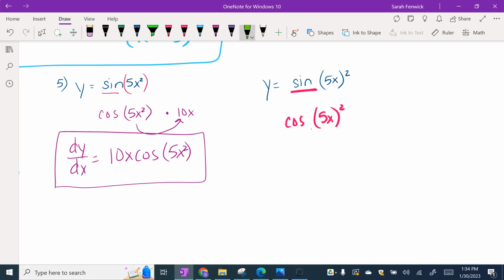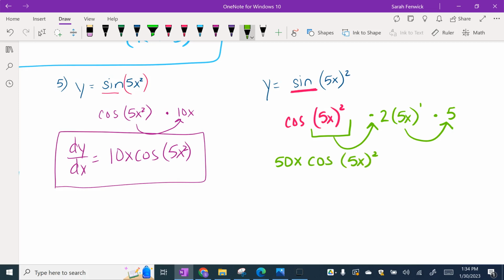The derivative of my angle is chain rule itself. So I'd bring my 2 around, 5x to the 1. Then I do the derivative of 5x. So altogether, 2 times 5 is 10x cosine 5x squared.